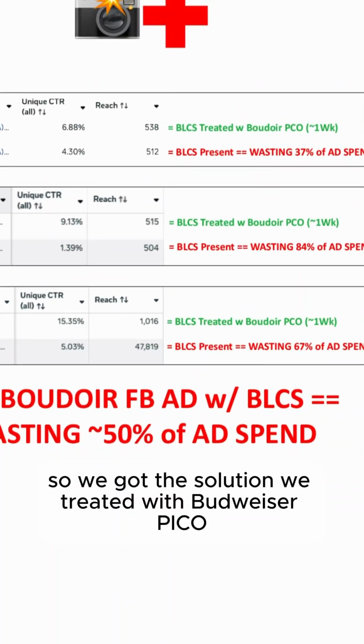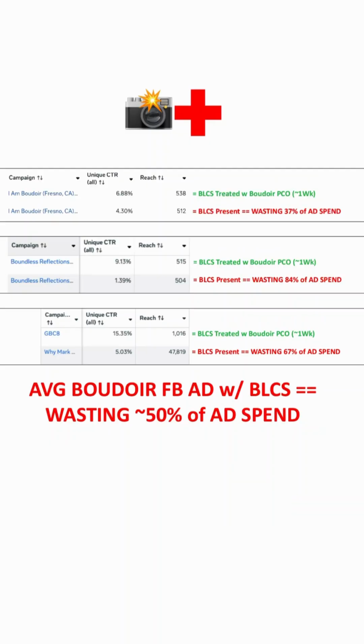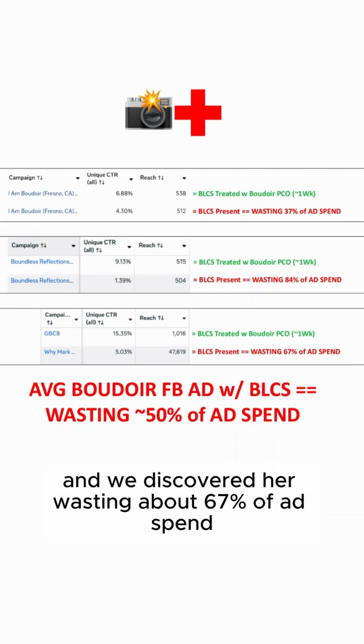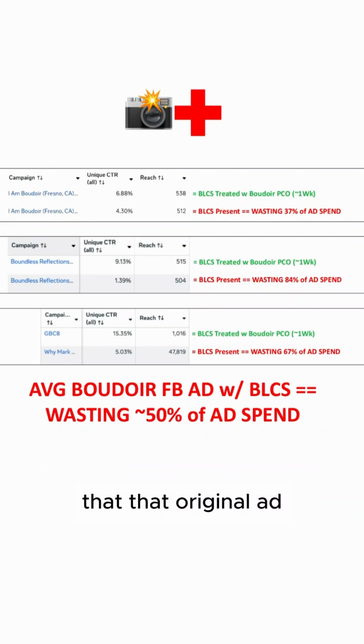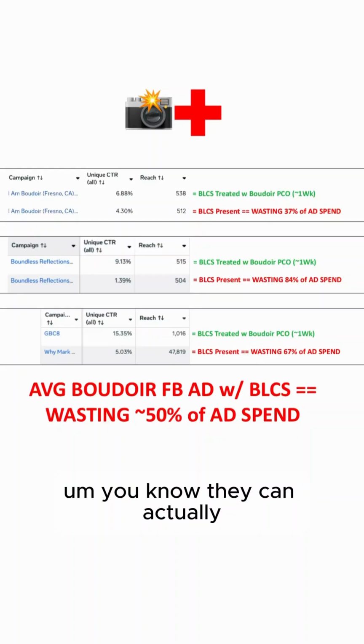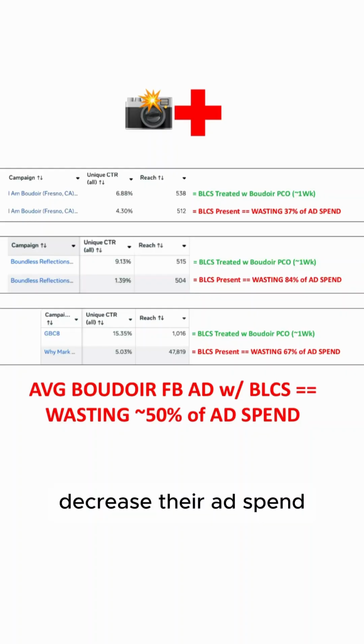So we got the solution. We treated with Boudoir Pico, takes about a week, and we discovered her original ad was wasting about 67% of ad spend. So now they can actually decrease their ad spend.